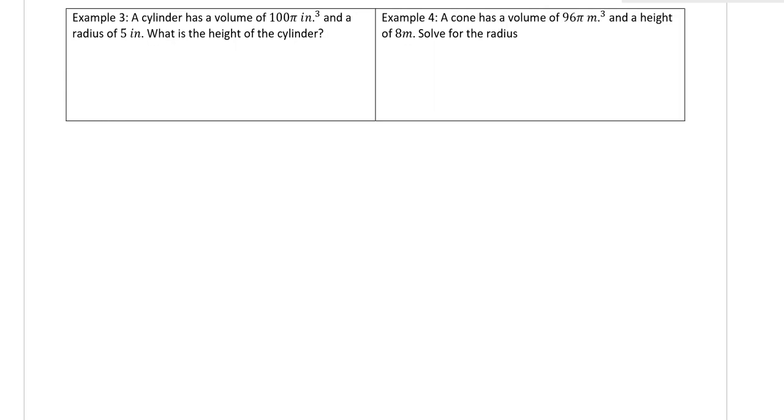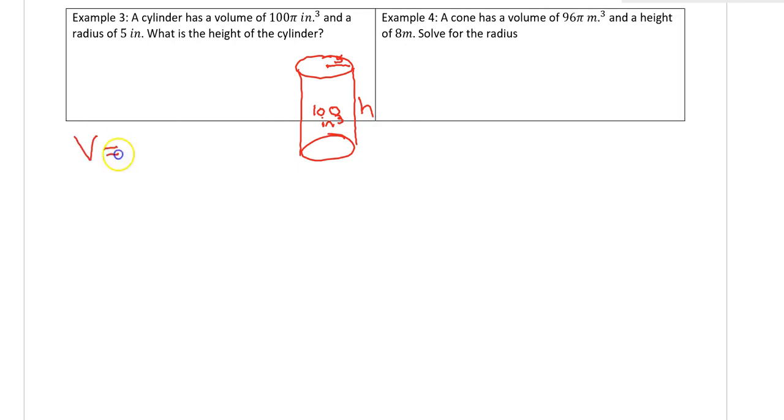So a cylinder has a volume of 100 pi inches cubed and a radius of 5. So I'm just going to draw my cylinder really quick. Okay. So the radius is 5, and the inside volume is 100 pi inches cubed. What is the height? I don't know what my height is. So I'm going to start the same way.